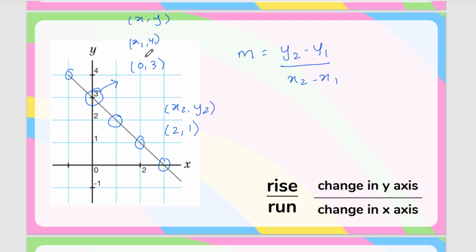I should take y2 minus y1, that is 1 minus 3, divided by x2 minus x1, 2 minus 0. So minus 2 by 2, it is minus 1. The gradient is minus 1. You can take any point as x1, y1 and any point as x2, y2. Even if you change the points, you will get the same gradient. So the gradient of this line is minus 1.